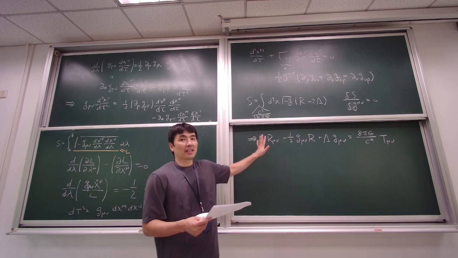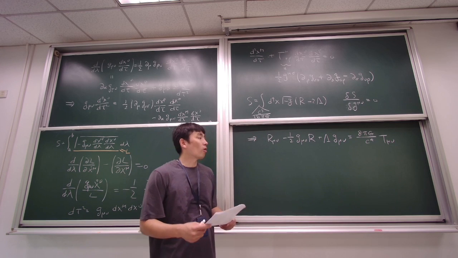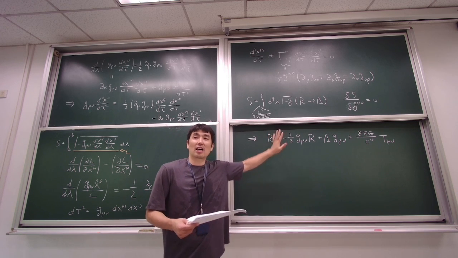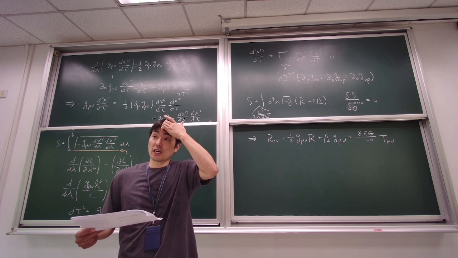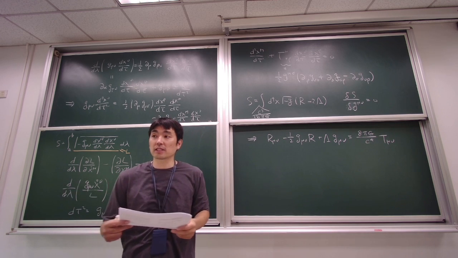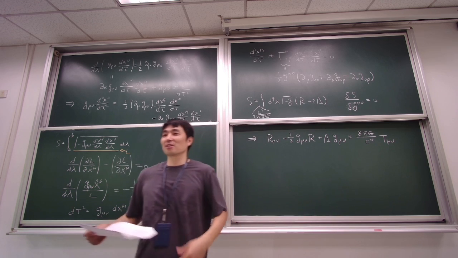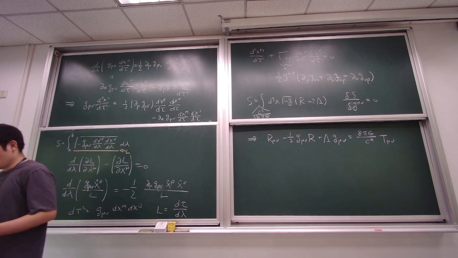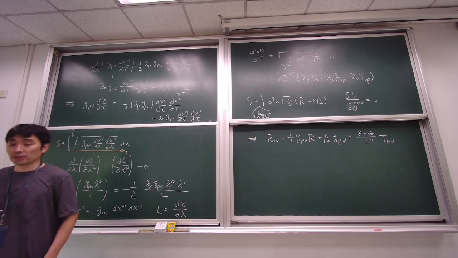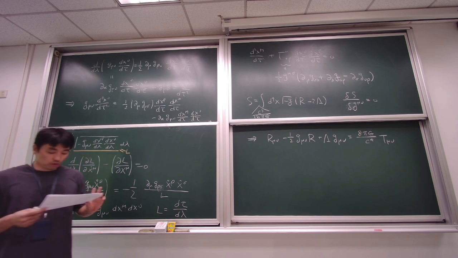More than 2/3 of this course is to understand what this equation means in many circumstances. That's the purpose of my course. Don't just say, oh, this is beautiful, and just look at it. It's meaningless. So we have to use it once you derive the equation. That's what we are going to do.